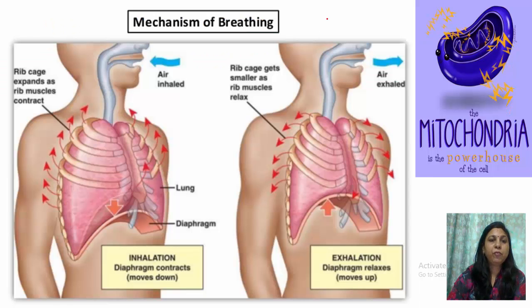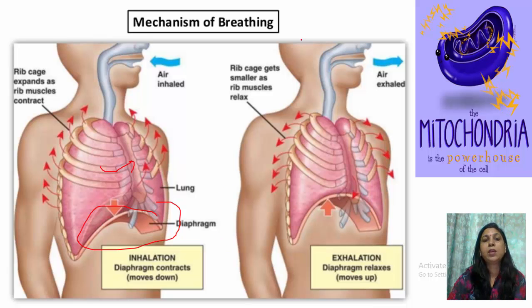Now the mechanism of breathing. What happens in inhalation? Inhalation means taking in of oxygen rich air. The diaphragm contracts, that means it moves down, and the rib cage expands outwards. When it moves down and the ribs move outwards, the chest cavity increases and the air rushes in.